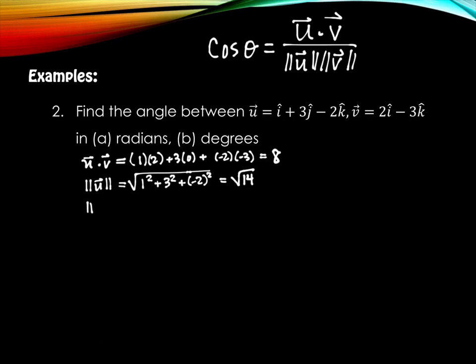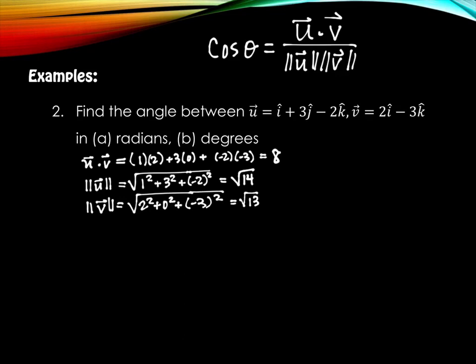And we're going to do v. Same process. So we have 2 squared, 0 squared, and negative 3 squared. This one's not square root of 14. This is square root of 13, yeah. Close but not quite.